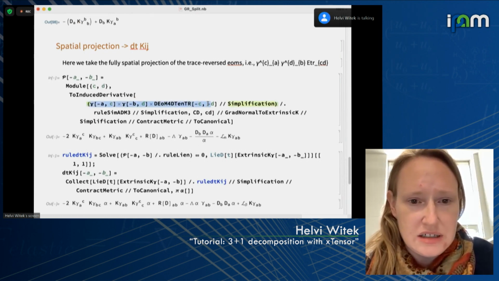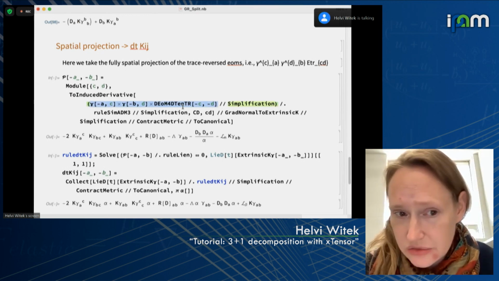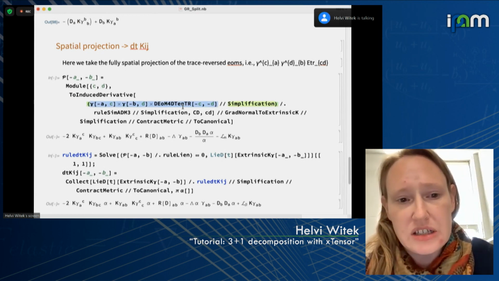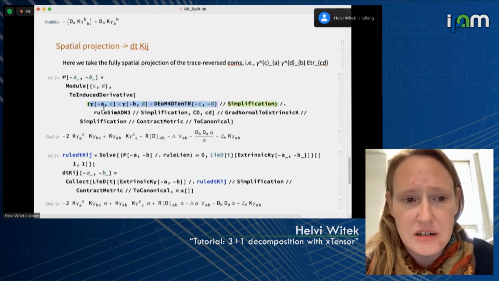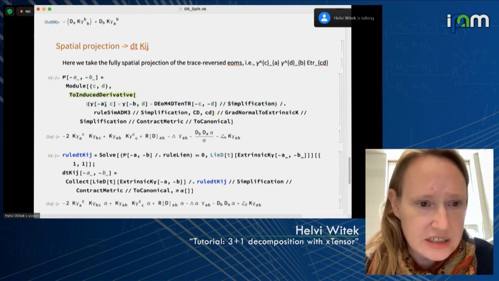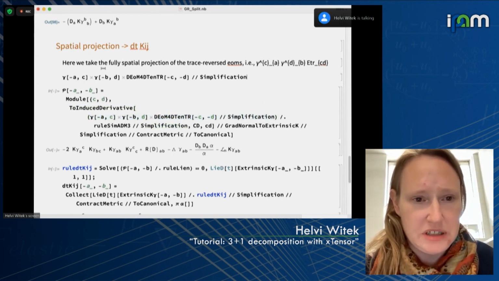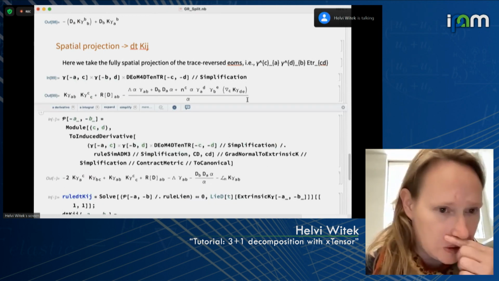So we have here our field equation. Now here it's advantageous to use the trace reversed form of the field equations, and we are projecting them onto the hypersurface in both indices and perform a simplification. And yeah, as I said, let me just do this here. You can see step by step what's going on here.